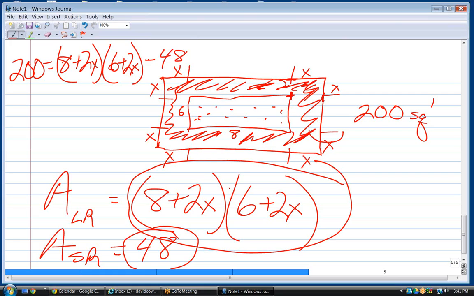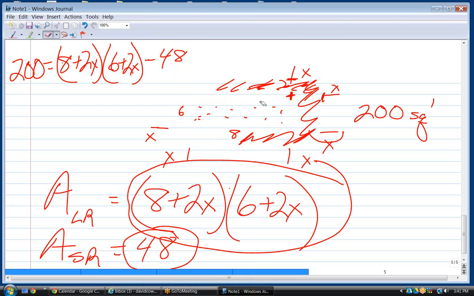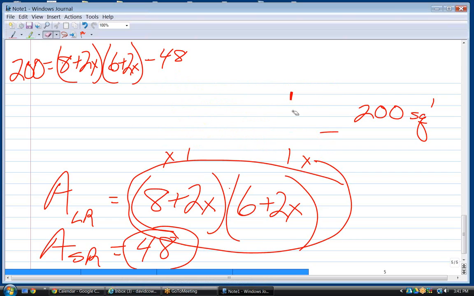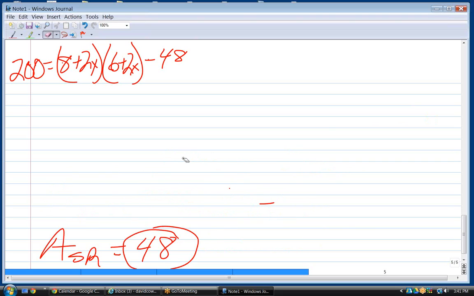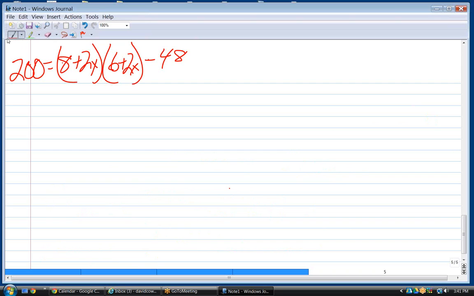Okay. So now we have to solve that equation for x in order to figure out what the area of the large rectangle is. You're right that it's 248, but they don't really want the area of the large rectangle.